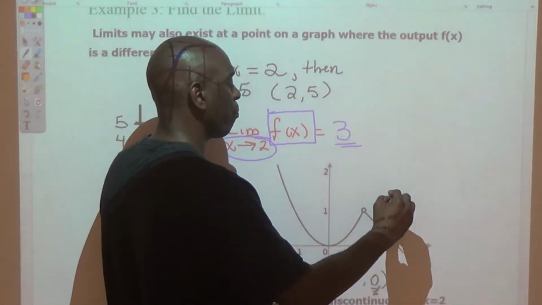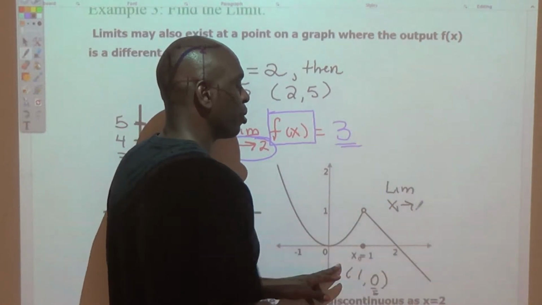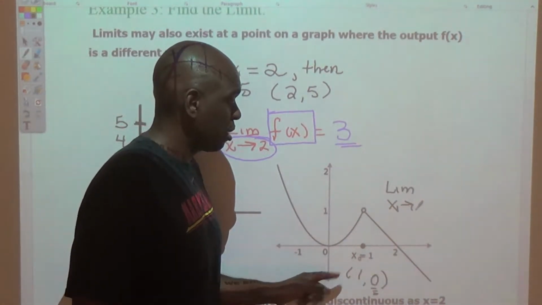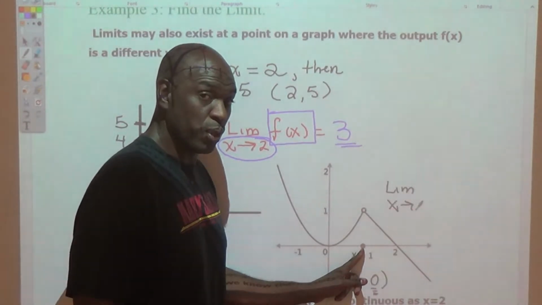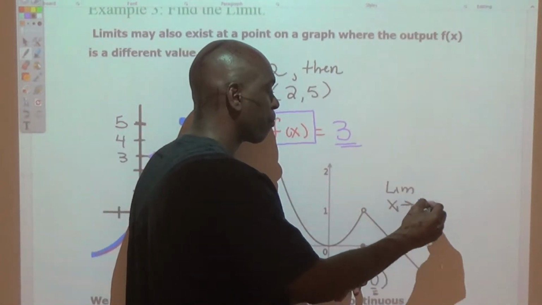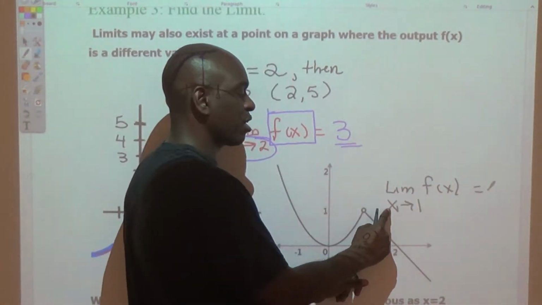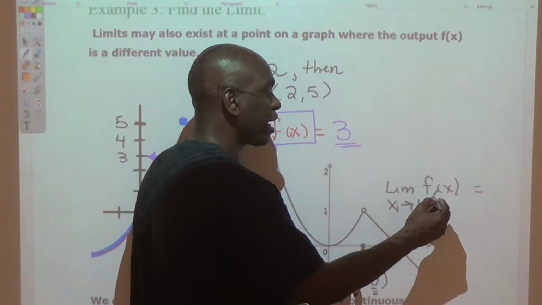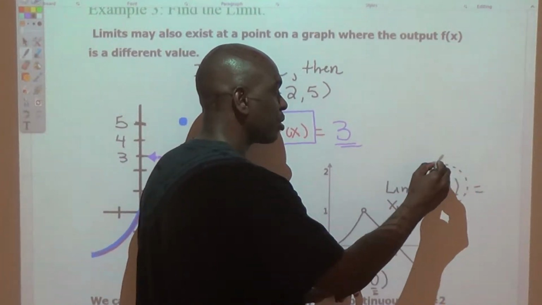Here we go. The limit as x approaches, well, what is x approaching? X is approaching 1 along the x-axis. That's 1. Of f of x. Well, as x gets close to 1, what does f of x approach?